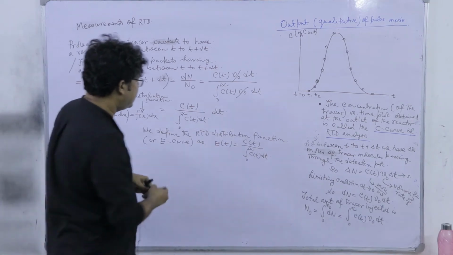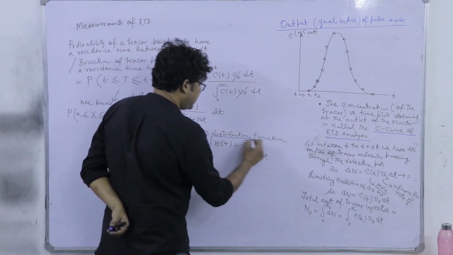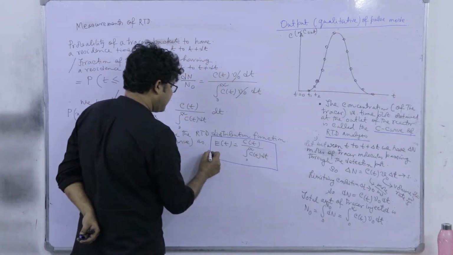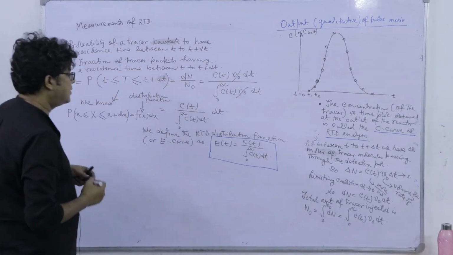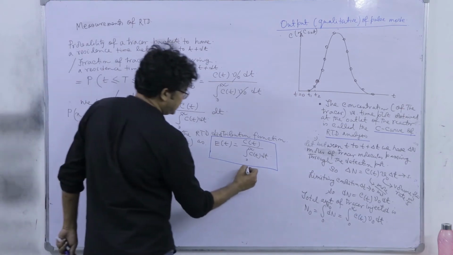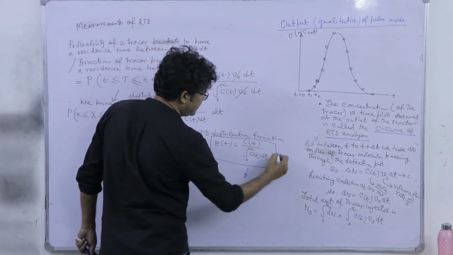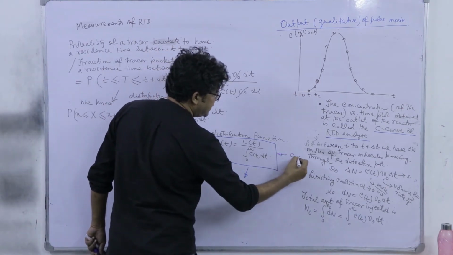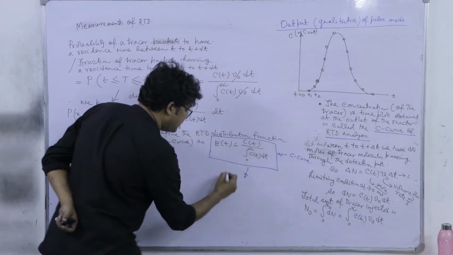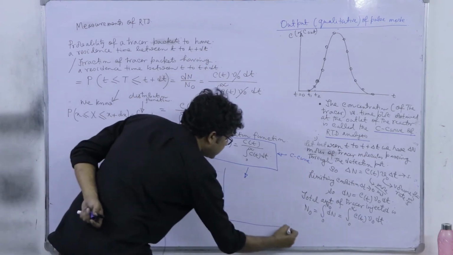So, you see that this is a new definition, right, and we can generate the E curve from the C curve.